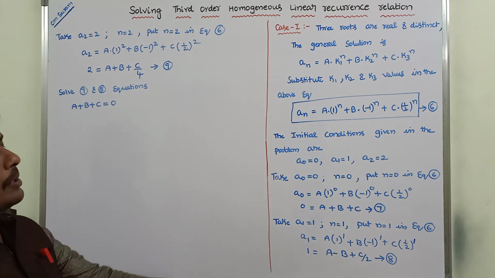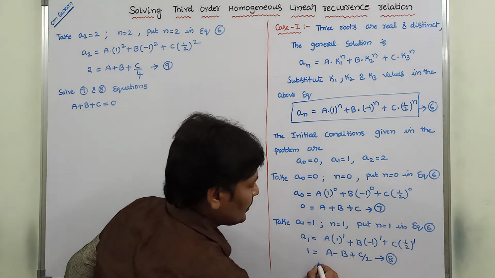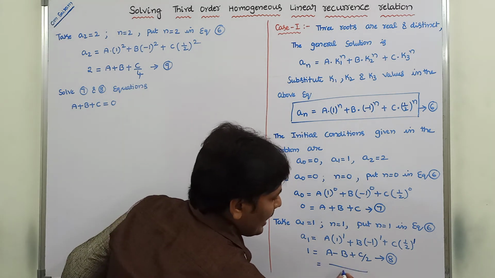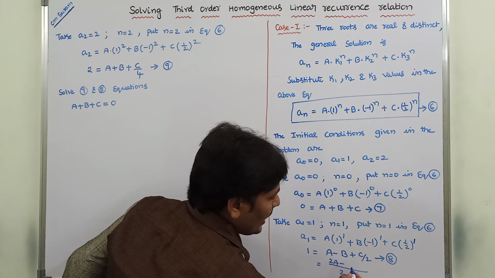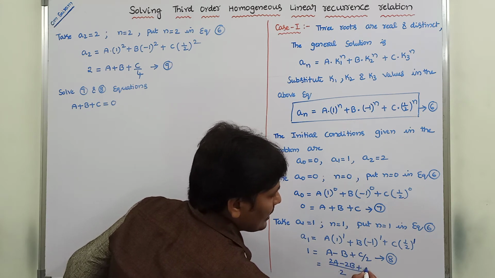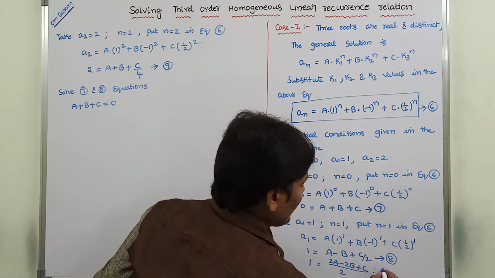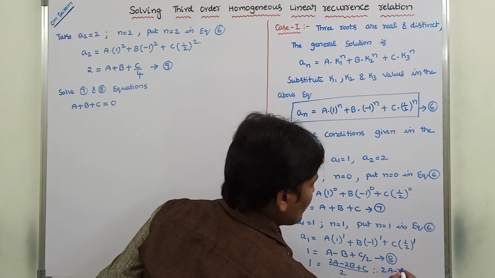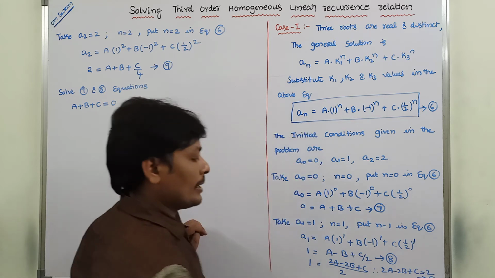Next one, the 8th equation. So here I am taking 2 as the LCM. So that is 2 into A, 2A, minus 2 into B, that is minus 2B, plus C is equal to 1. So therefore 2A minus 2B plus C is equal to 2. So this is also equation 8.